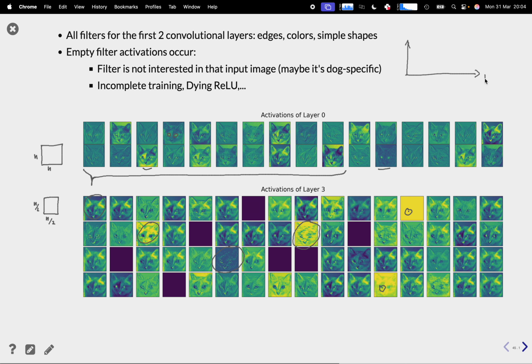So if we have in and out, ReLU will output nothing until we have the 0 point, and then we'll output the same input as output after this value 0, which means that if you remember looking at the gradients, the gradient of this is going to be 0 here and 1 here.